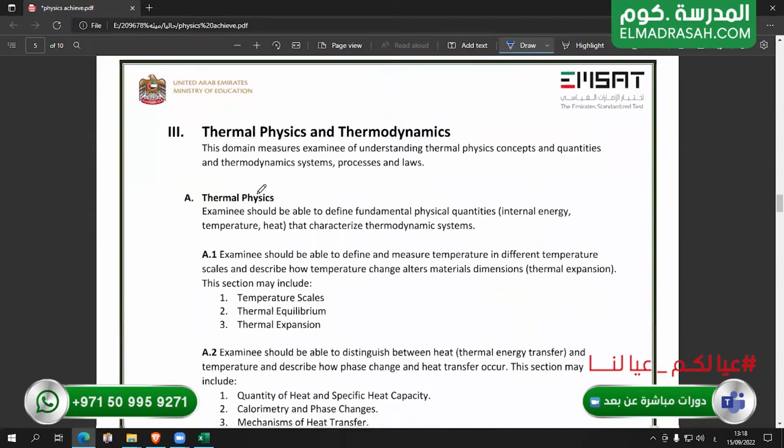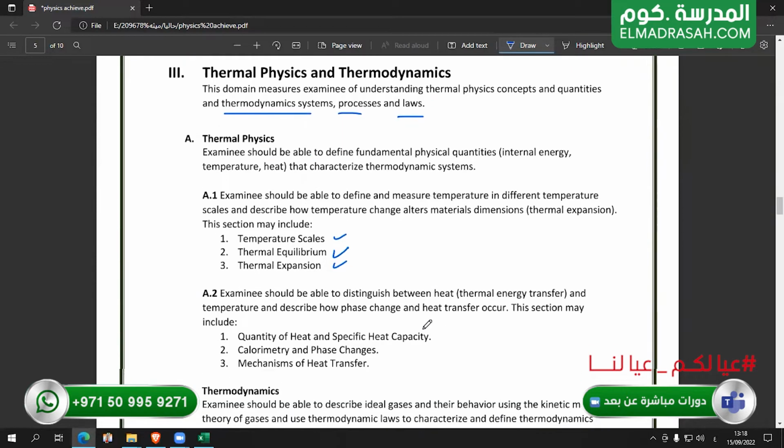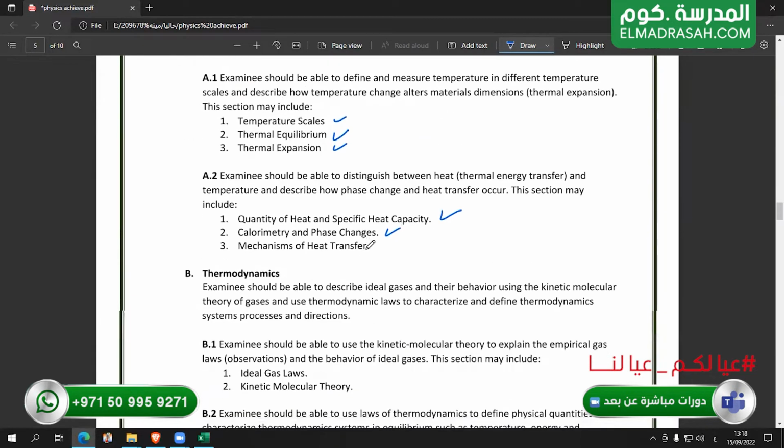In the third part, which is thermal physics and thermodynamics, we will understand the thermal physics concepts and the thermodynamic systems, processes and laws. In thermal physics, we will focus on the temperature scales, thermal equilibrium, thermal expansion, the quantity of heat and heat capacity, calorimetry and phase changes, and mechanisms for heat transfer.